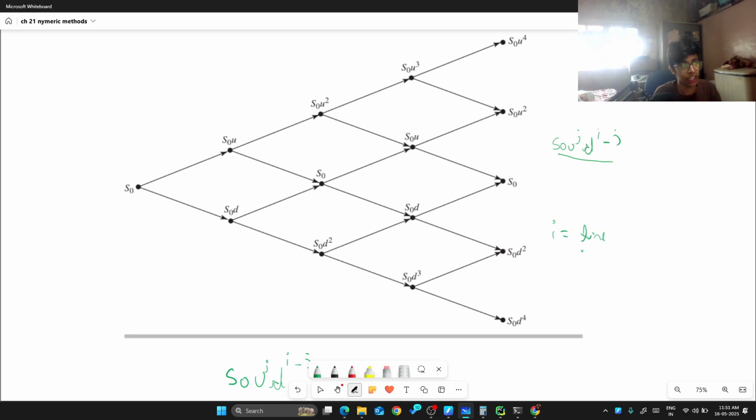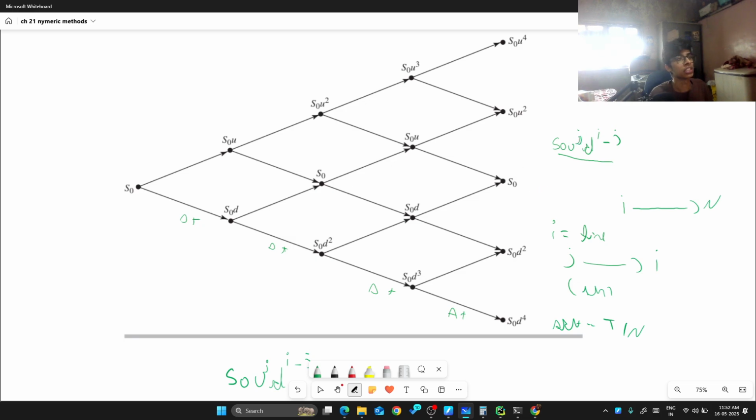You have to understand i is the timestamp. The i goes from 0 till n, and j goes till i, and j is the stock price index. And this is delta t at every step, and delta t equals t by n. That's the formula. Okay, I hope you get it.